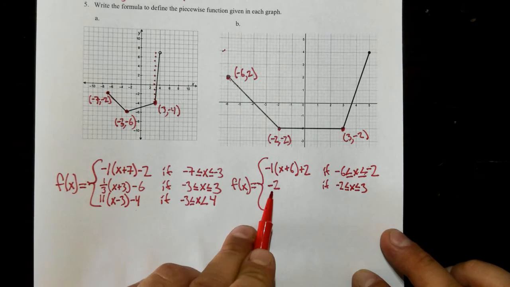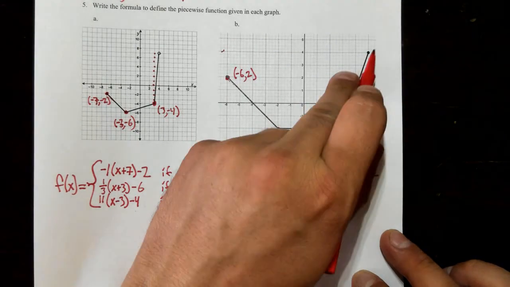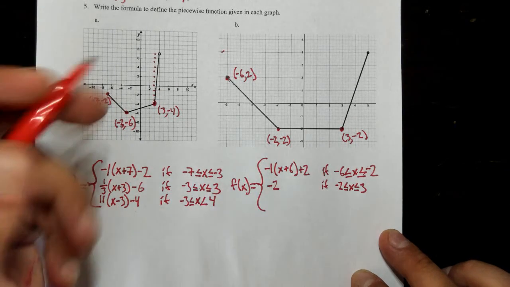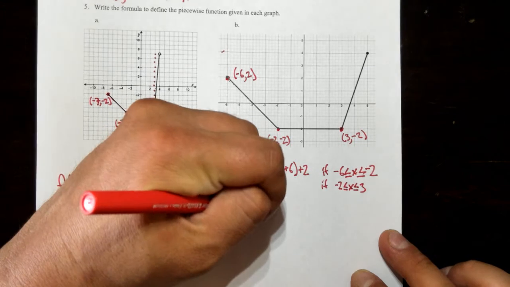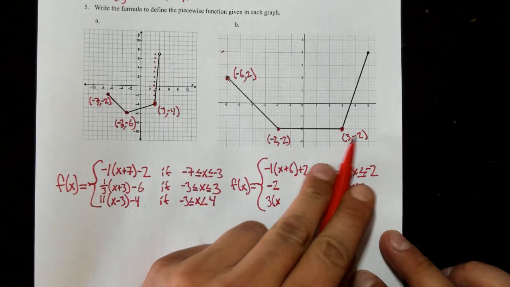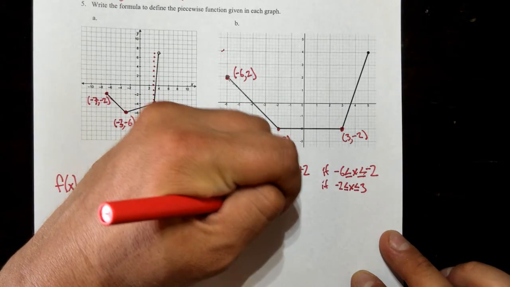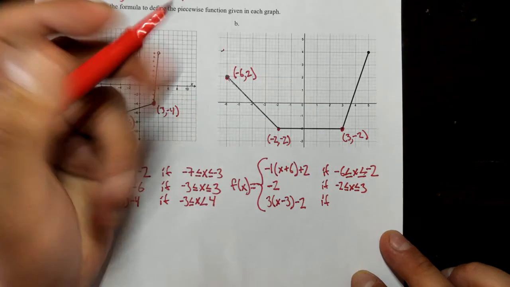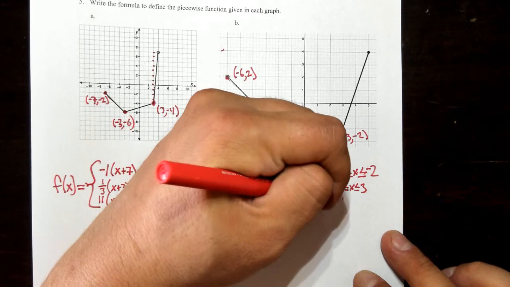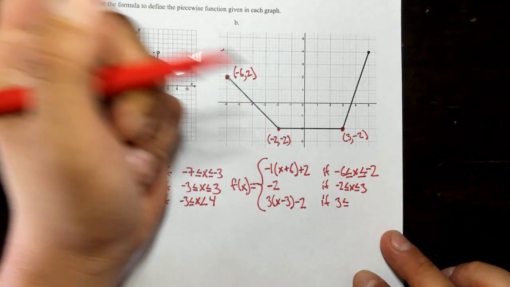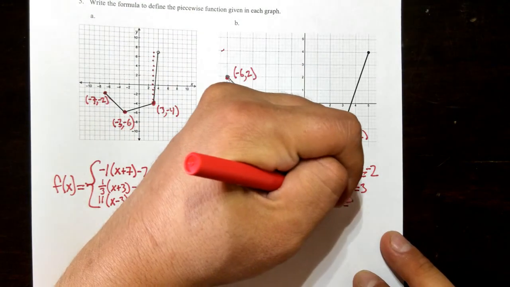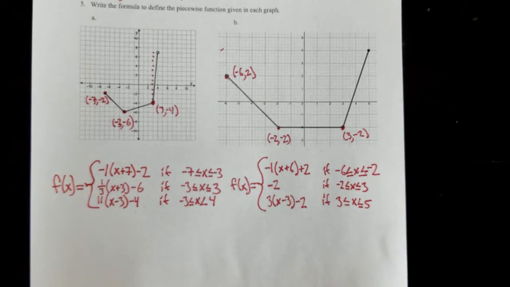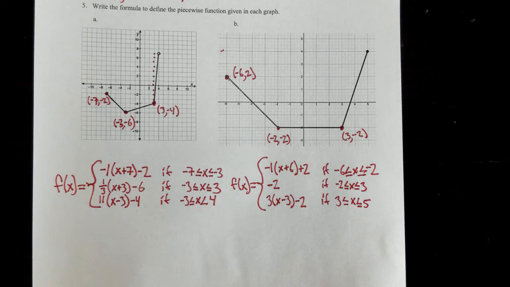And then finally, this one goes up with a slope that looks like 3. So it's 3 times (x minus 3) minus 2, if x is greater than or equal to 3 but less than or equal to 5. So that is that.